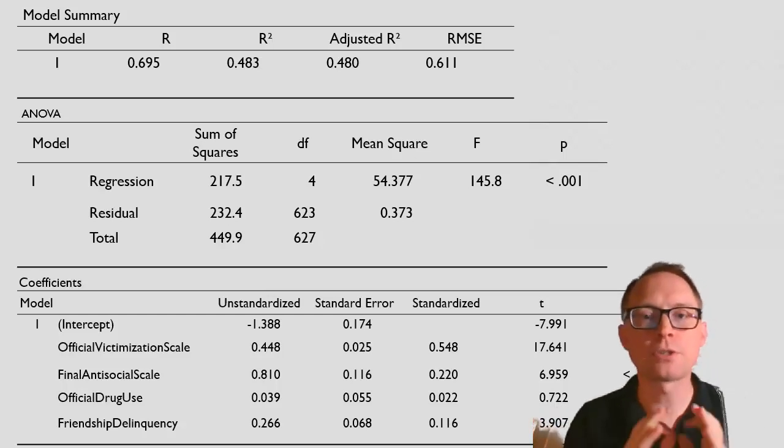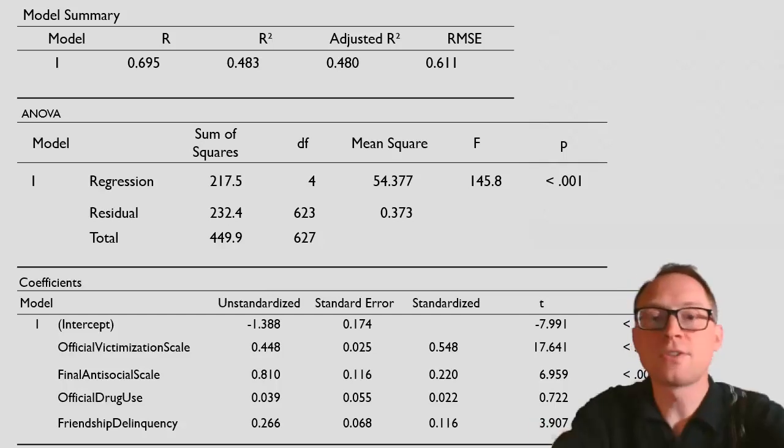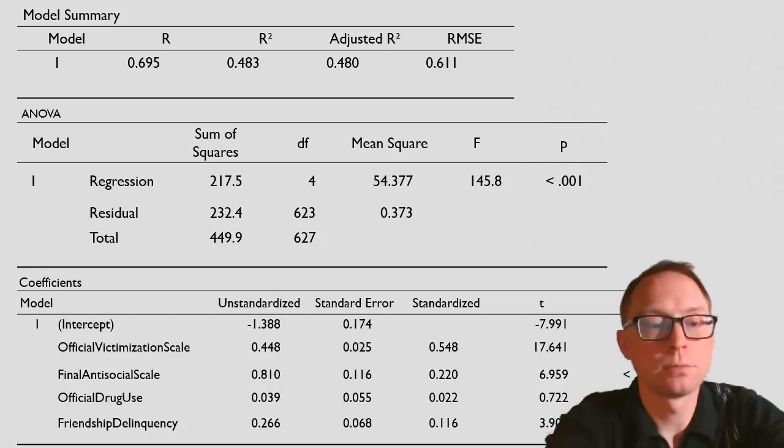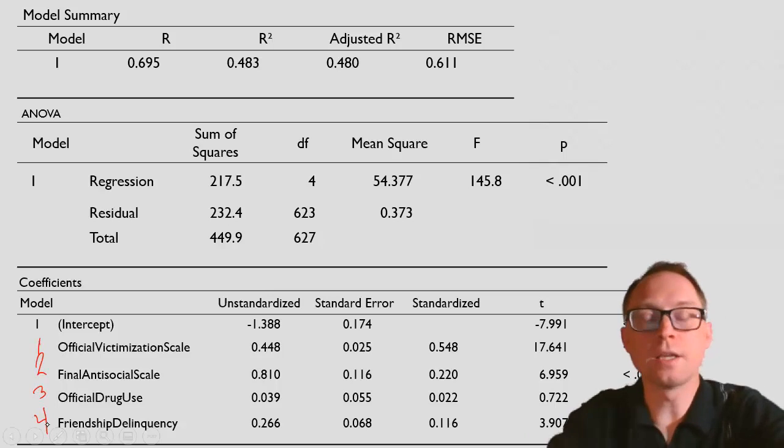How many predictors did she put in this multiple regression? How many predictors? She has 4 predictors. 1, 2, 3, 4. What she's saying is she wants to look at the effect of being a victim of bullying. That's the official victimization scale that you see right there.